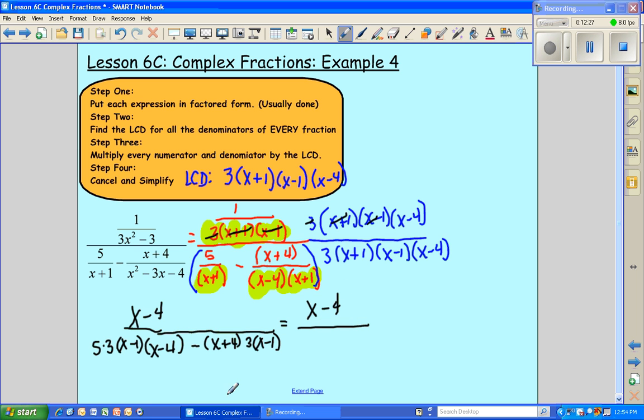When you multiply the bottom, you're going to get the 15 times x squared minus 5x plus 4, minus 3 times x squared plus 3x minus 4, to clean up that denominator there. And we're going to have x minus 4 over.